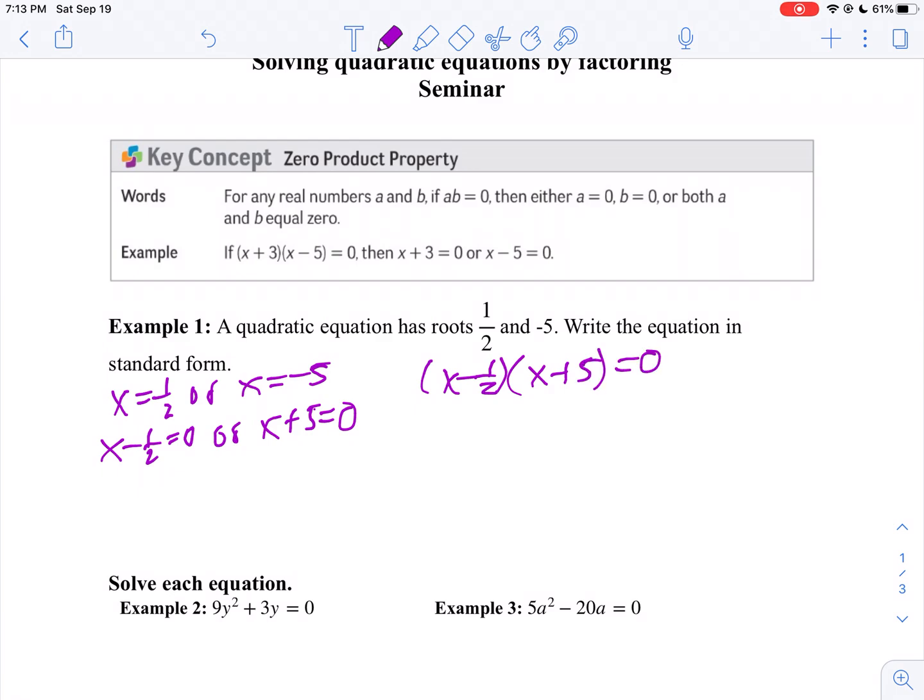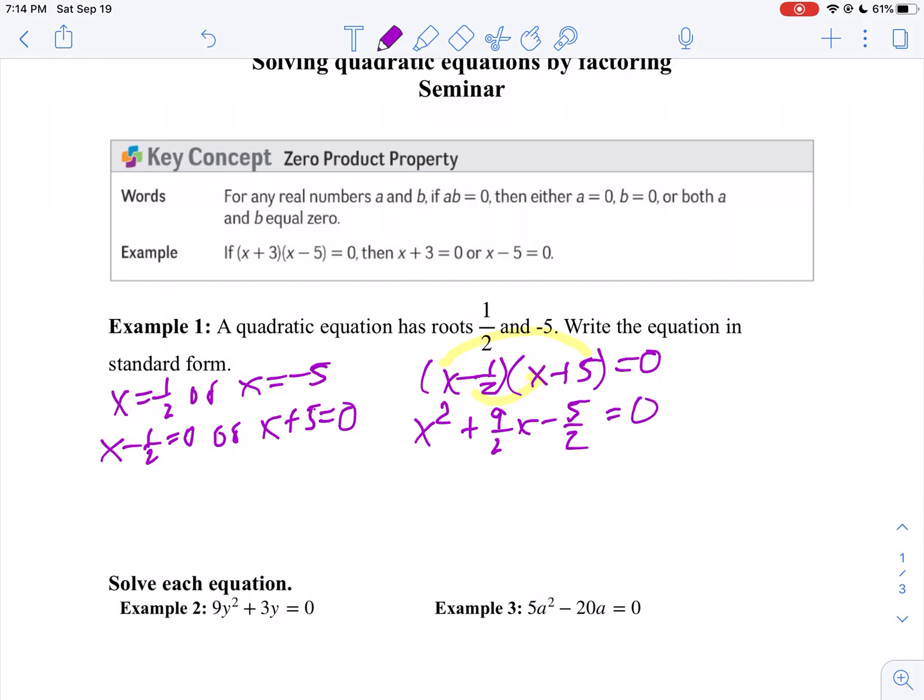Let's multiply them together. So we get x squared plus 5x, minus 1/2 x, so plus 4.5x, or plus 9/2 x. And then minus 5/2 equals 0.